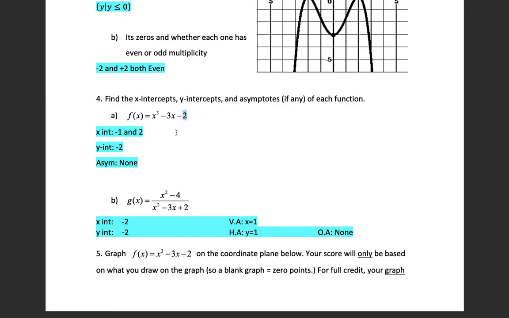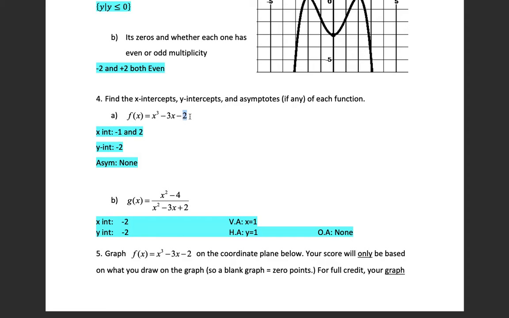If you factor this 2, you get 1 and 2. So you know our rules, the p over q rule. So we have plus 1, minus 1, and plus 2, minus 2 that we can put here to get the x-intercepts, or the real zeros, for this function.